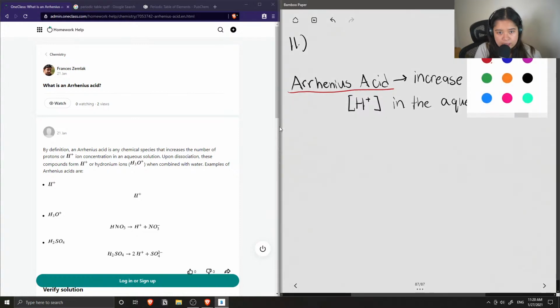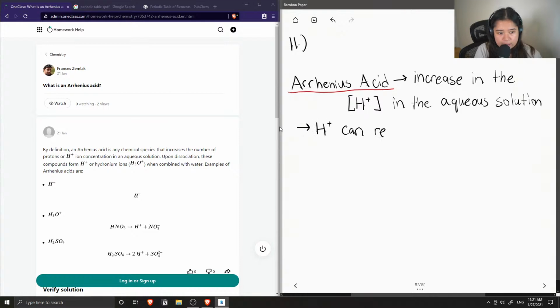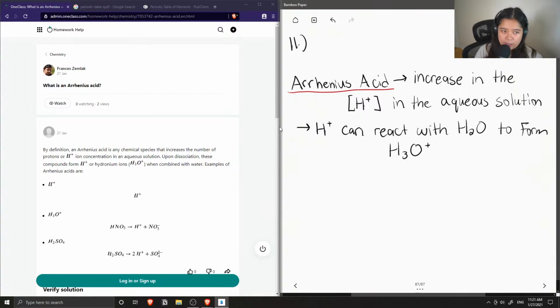And I'm just going to add another point here, that our protons can then react with water to form the hydronium ion, which is H3O+. So realistically, this is what happens in an acidic solution.